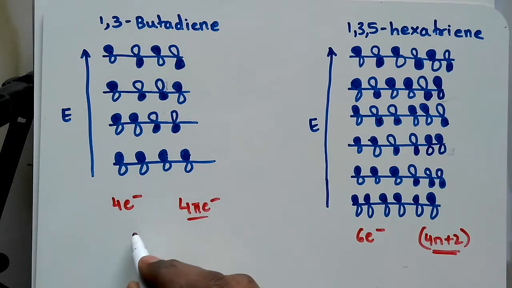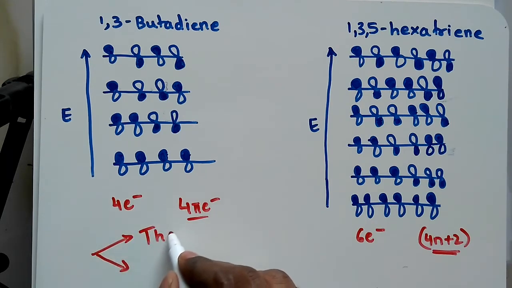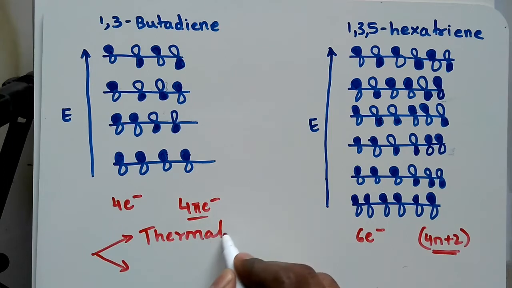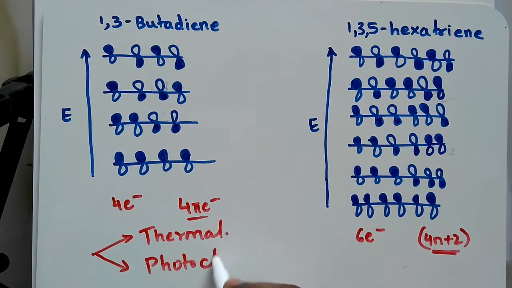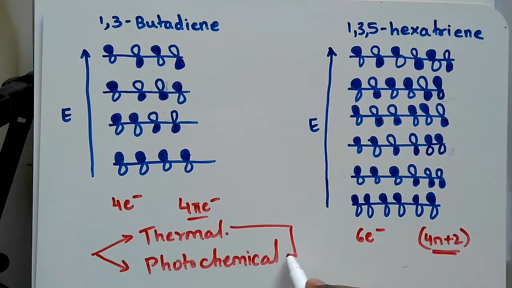Another condition that we have to remember is that there are two things: the thermal reaction, very important, and the photochemical reaction. Both these conditions will give us different products.